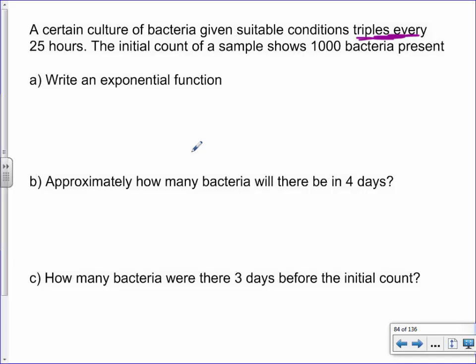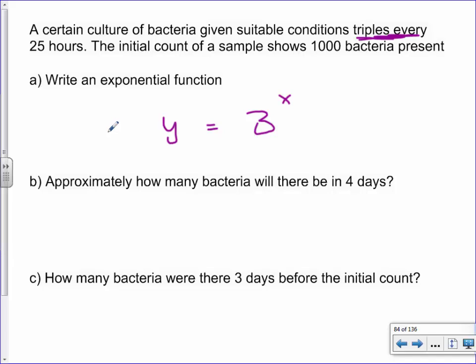Any ideas how we can fit that into an exponential equation if stuff is constantly tripling? Ignore the 25 hours for right now. How can I deal with the tripling? 3 to the x. That's where you'd start here, is that it's 3 to the x. Because stuff is tripling over and over and over again. Does that make sense? Now we have to deal with the 25 hours.